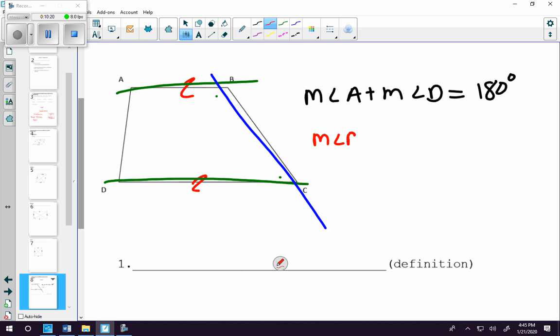In this case, the measure of angle B plus the measure of angle C equals 180 degrees. Again, the definition of a trapezoid is a quadrilateral that has one pair of opposite sides parallel, but we still need to remember that using the transversal as I just showed two different times, we have two pairs of supplementary angles.